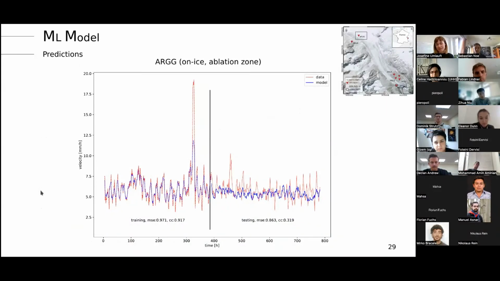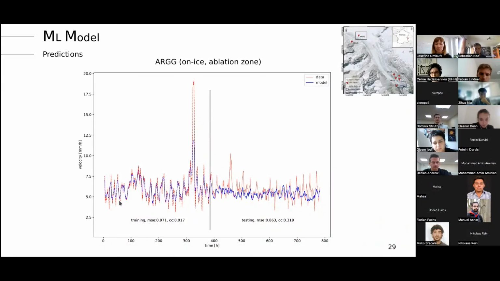So here's the result that we have so far. On the y-axis we have the velocity that we try to predict, and x is just time, so that's one month of data. We use 50% of the data for training and the other 50% for testing.